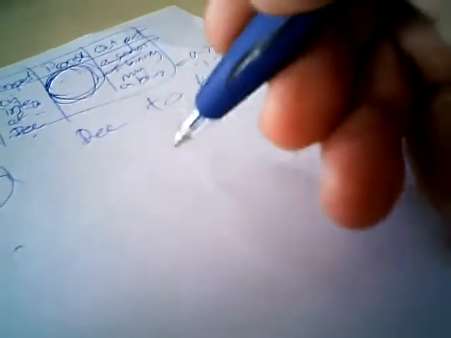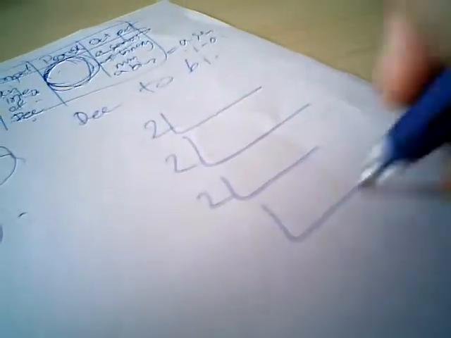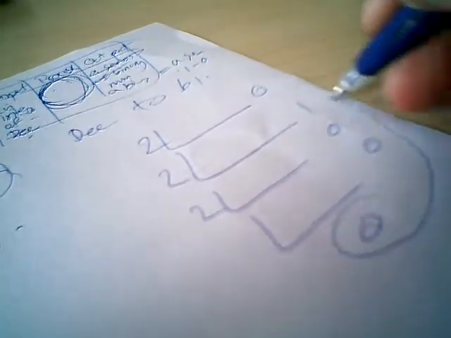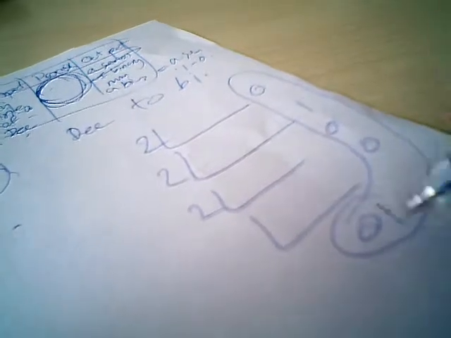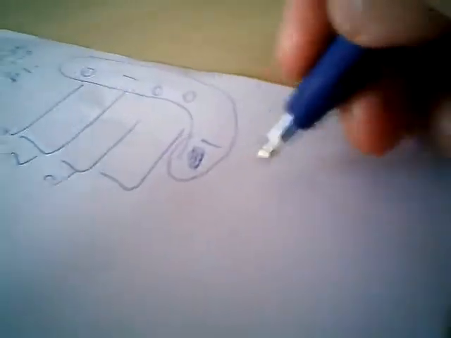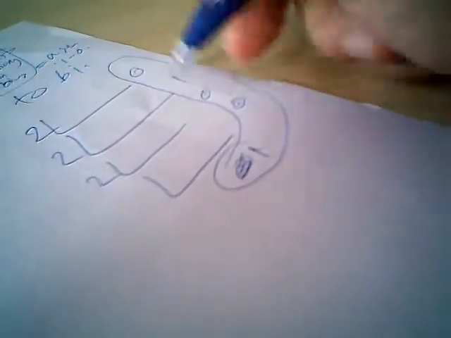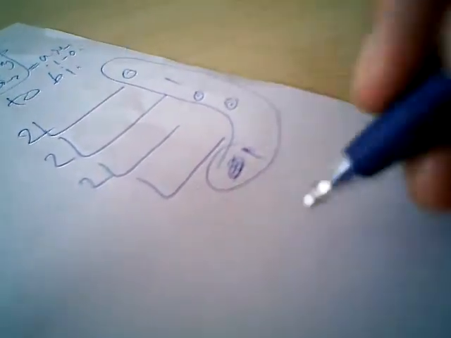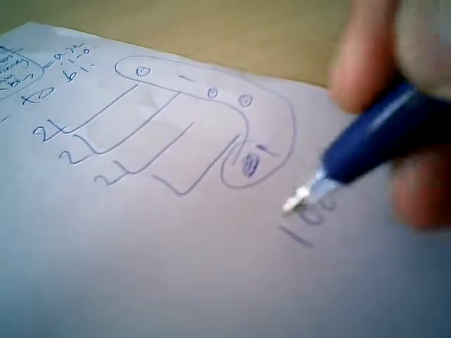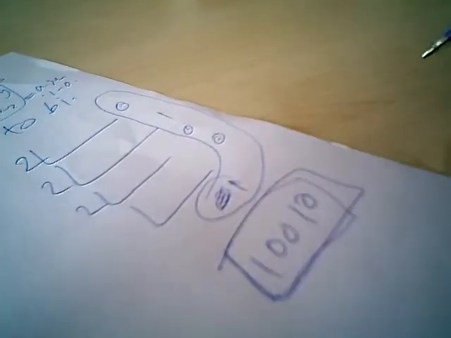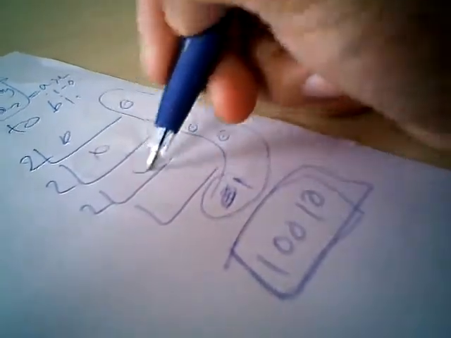For example, you use divide by 2, and then you get 1 0 1 0, and then you have this sequence. This is the binary code from this.